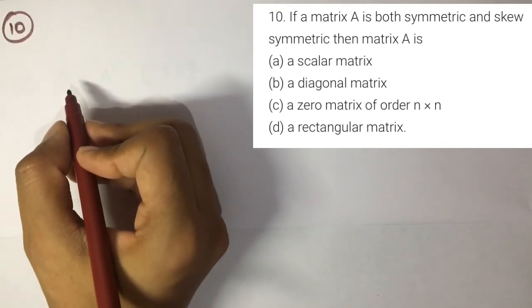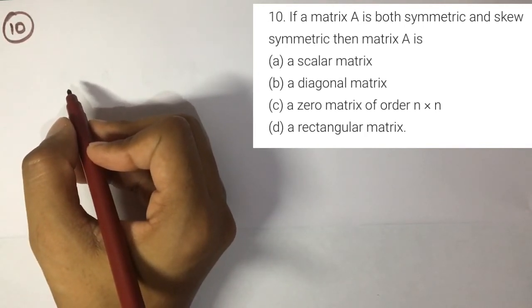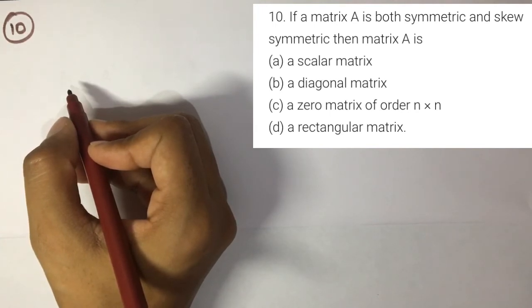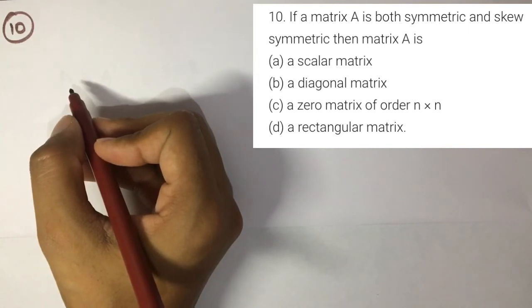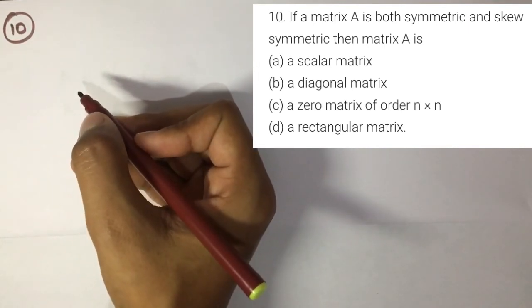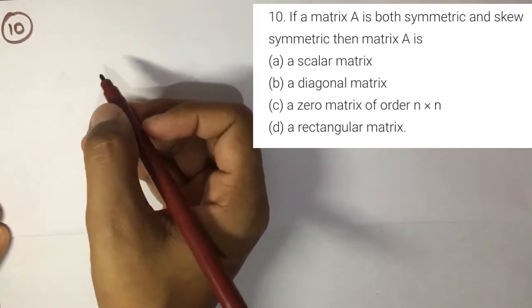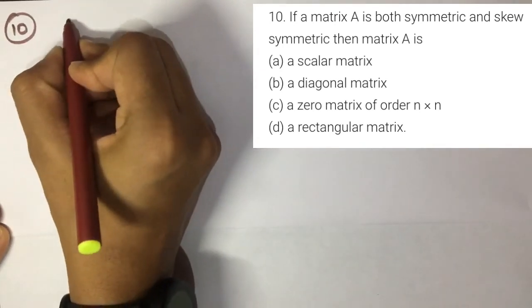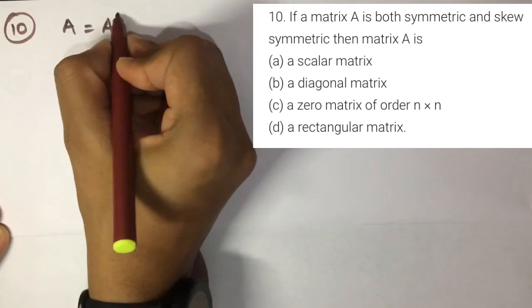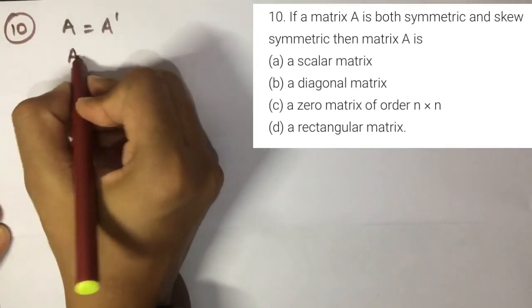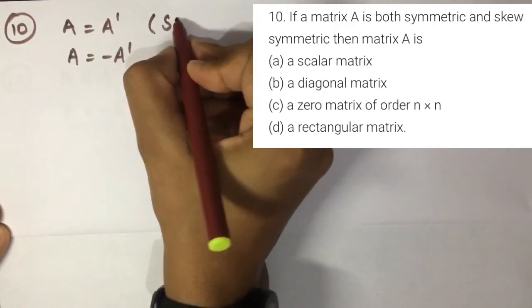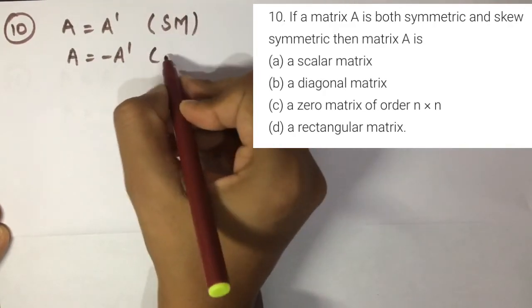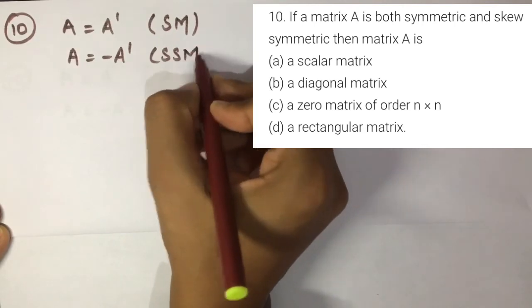Question number 10 is, if a matrix A is both symmetric and skew symmetric, then matrix A is a scalar matrix or a diagonal matrix or a zero matrix of order n cross n, and option number D is a rectangular matrix. So this is given to you, A is equals to A dash, that means transpose, and A is equals to minus of A transpose, because this is symmetric matrix and this is skew symmetric matrix.